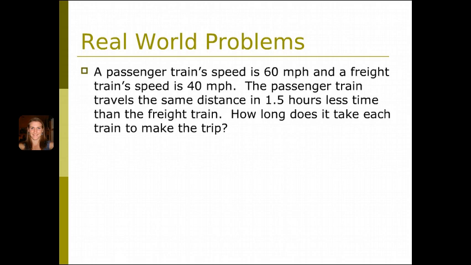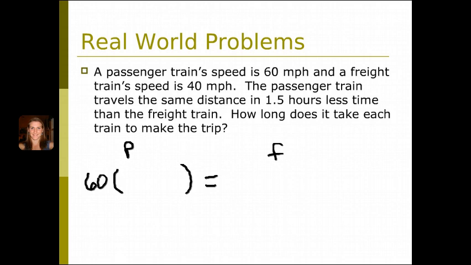All right, so again, we are comparing a passenger train and a freight train. We're trying to see where these two trains will be equal. Well, our passenger train travels at a rate of 60 miles per hour.